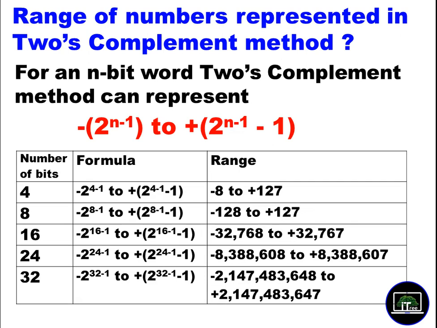How many numbers you can represent with unsigned, signed magnitude, 1's complement and 2's complement. Then we can notice the difference of the ranges. We can notice that in the 2's complement, if you use 4 bits, it is from negative 8 to positive 7. So the range is a little bit bigger. If you use 8 bits, it becomes minus 128 to plus 127.